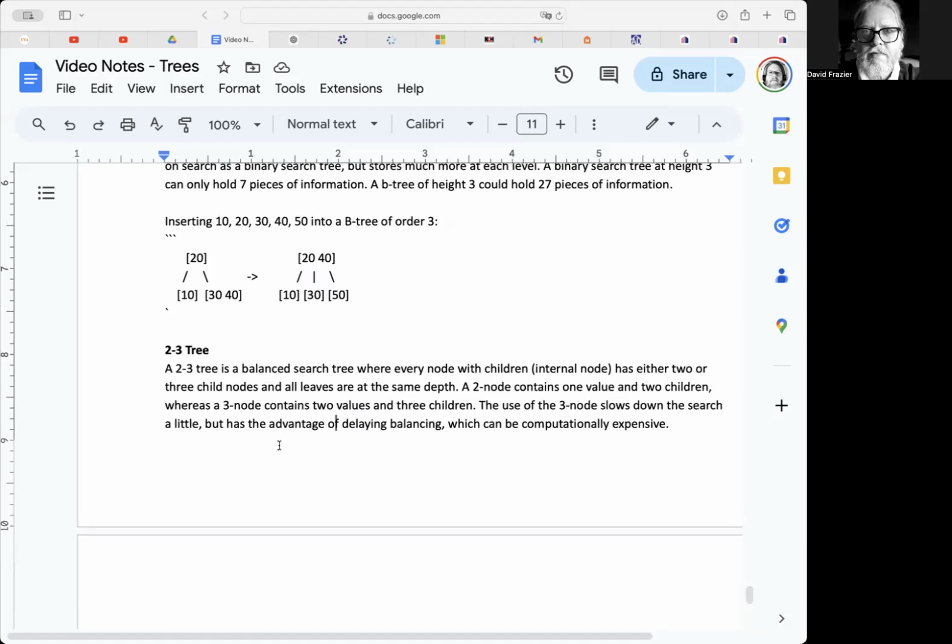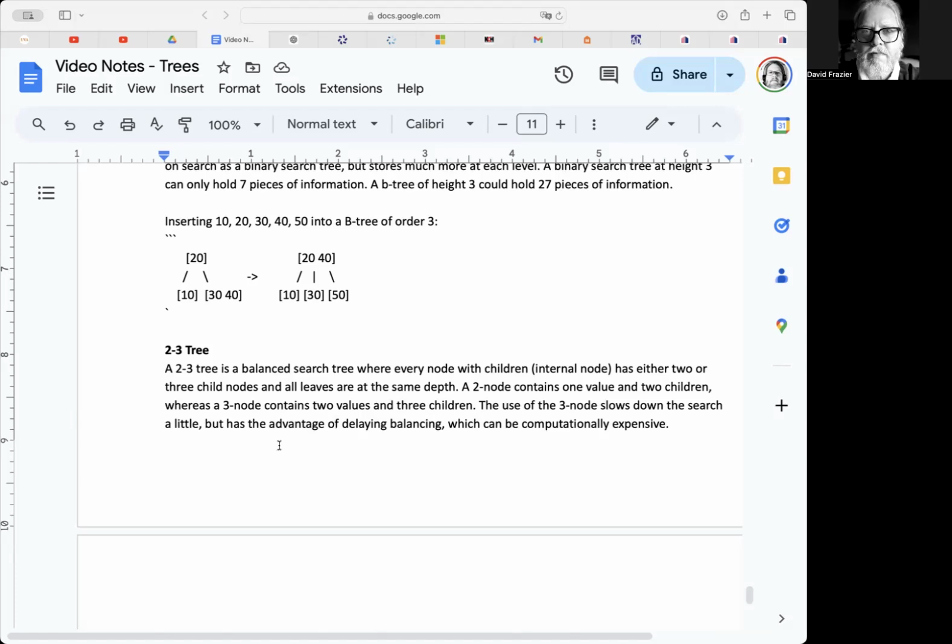In that, we're going to allow some nodes to have, sorry, 2 bits of information and 3 links. A normal node in a binary search tree has 1 bit of information and 2 links, 2 children. We're going to allow some nodes to have 2 pieces of information with 3 links, just like we did for the B tree as far as how those links get determined.